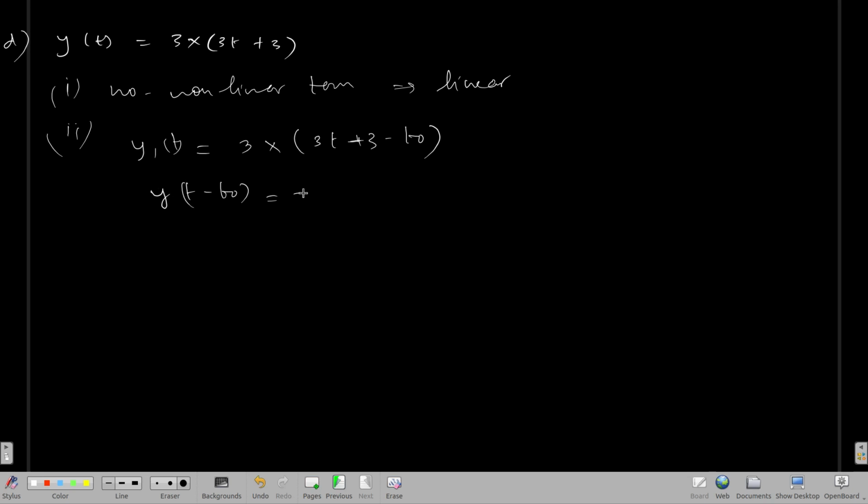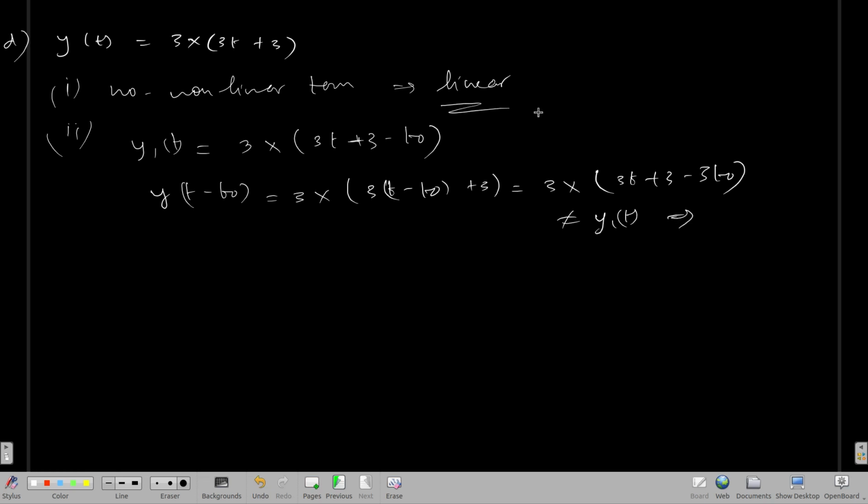To get the shifted output, we have to shift the whole thing, which is equal to 3x of 3t plus 3 minus 3t0, which is not equal to y1 of t. So this is time variant.